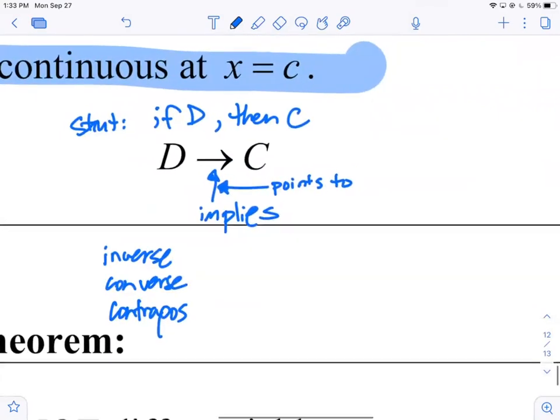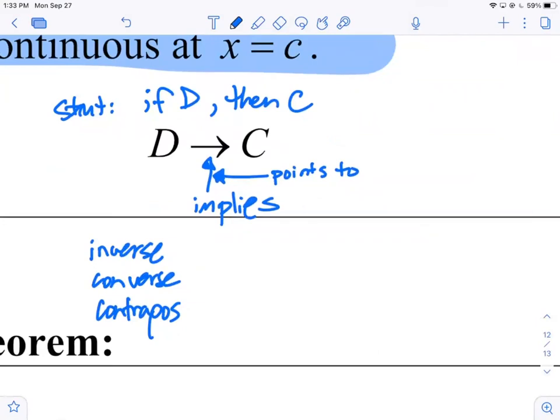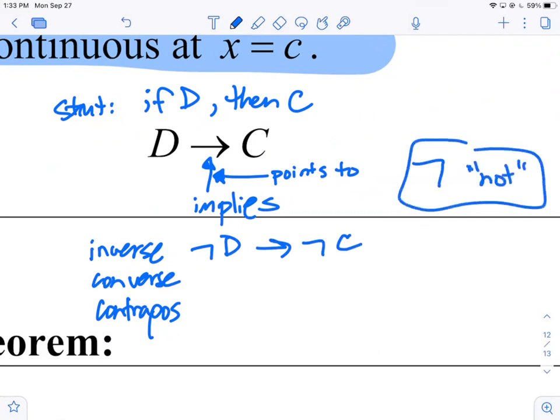In an if-then statement, here's how you get the inverse. The inverse is you just negate them. Okay? So not D implies not C. This little symbol here means not. In logic, it's like a fallen over L. Is that a true statement?